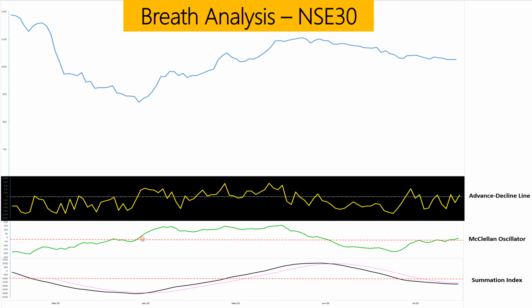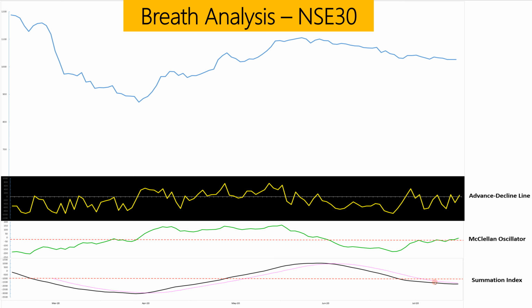The next one is the McClellan oscillator, as we have for the advance decline line. When the line is below zero, it's not safe, but if it's above zero, that's when it's safe to buy. The last one is the summation index. That's more of the long term. The black one is the summation index.